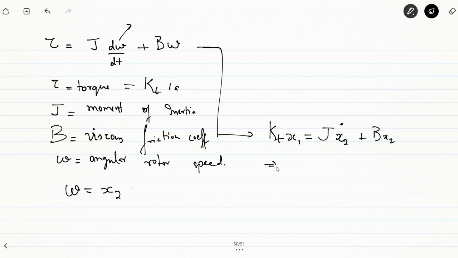So from here we can say x2 dot is equal to Kt by J x1 minus B by J x2. So this is equation number 2.